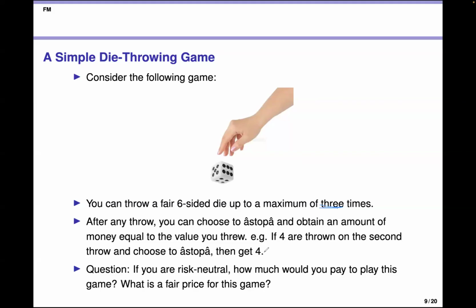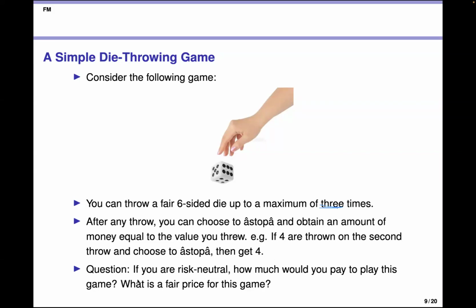So you are right. Maybe it's not a free game. Do you agree that it can be? Yes. So there is a fee for this game.